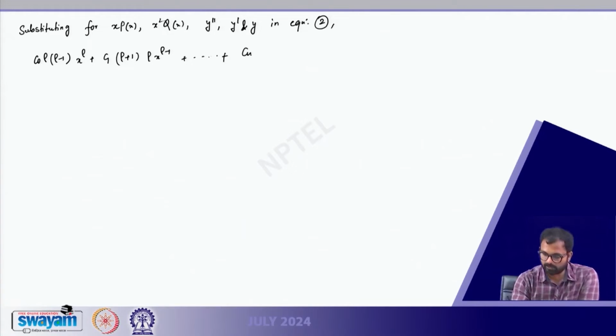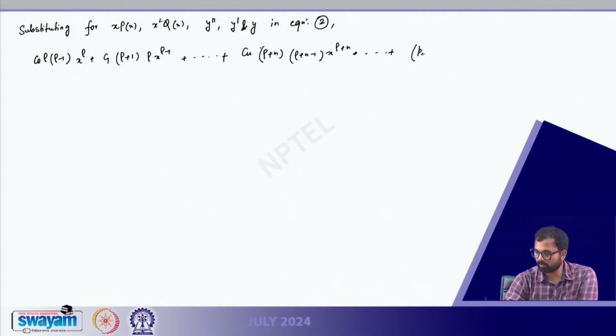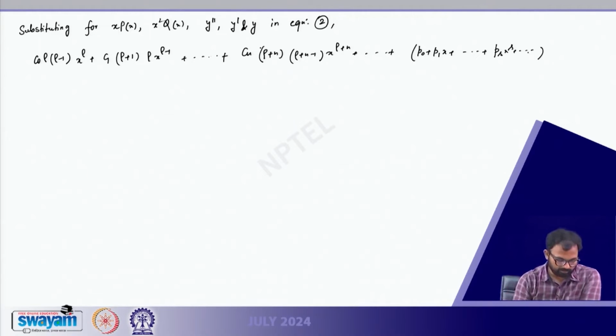We will have Cn rho plus n into rho plus n minus 1 x to the power rho plus n plus dot dot and so on. Then we have that x into p x expression, that is basically p0 plus p1 x plus dot dot and so on, ps x to the power s plus dot dot and so on. Similarly, we will have the expression for y dash x.